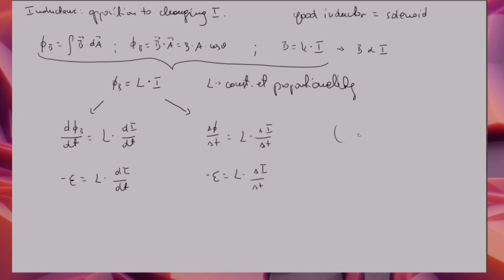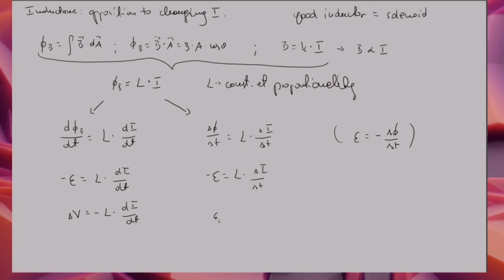And in case you forgot, we define EMF as minus the change of the flux over time, and of course you can take the derivative everywhere you see deltas. And so now we are moving somewhere, because I'll take another step and I'm going to replace this EMF with voltage, because I think it's a little easier to see where this is going this way. So then this would be minus L times dI dt.